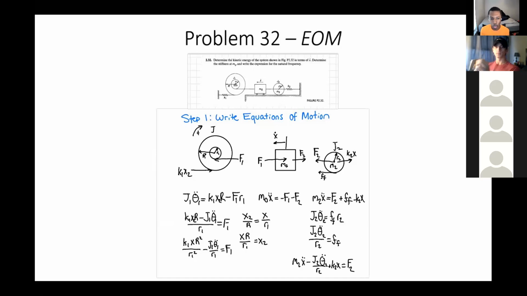So we don't necessarily know what those are. Our goal is to eliminate those. Friction is always in the direction of rolling, because that's how you get your net force. Right. Yeah.